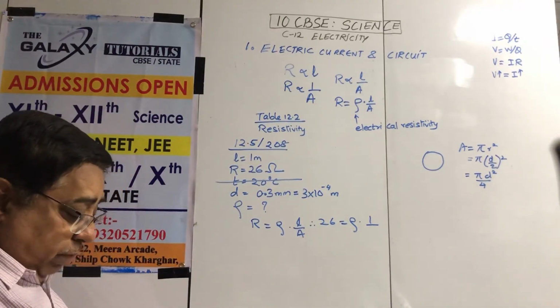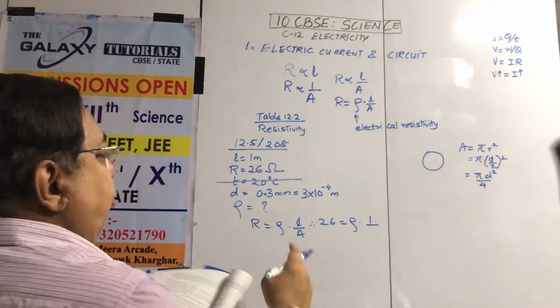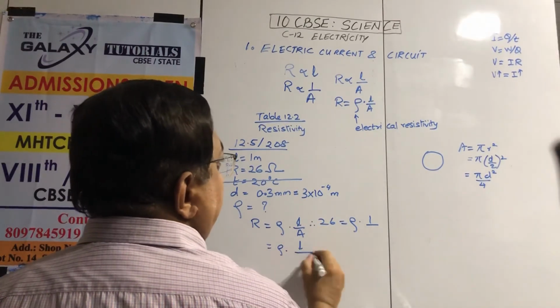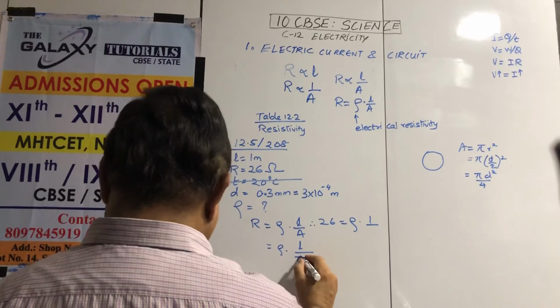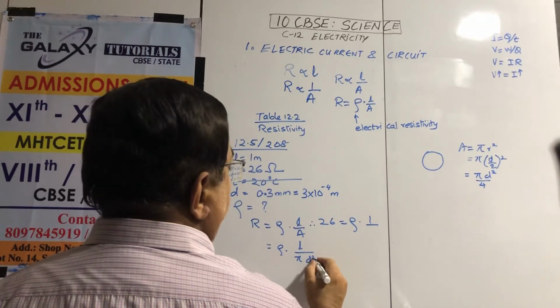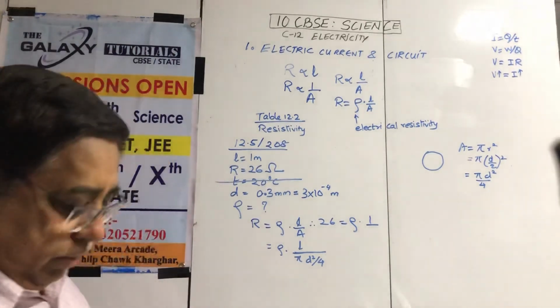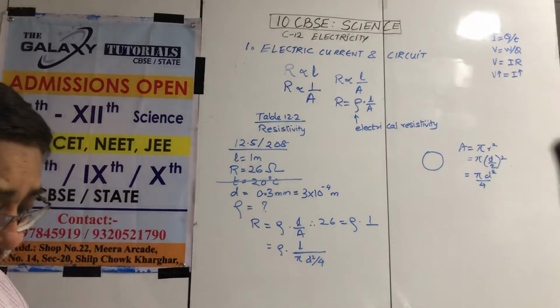So we will have to find the area and put it in this formula. This is rho into length, and here I have pi d square divided by 4. You see, as simple as that.